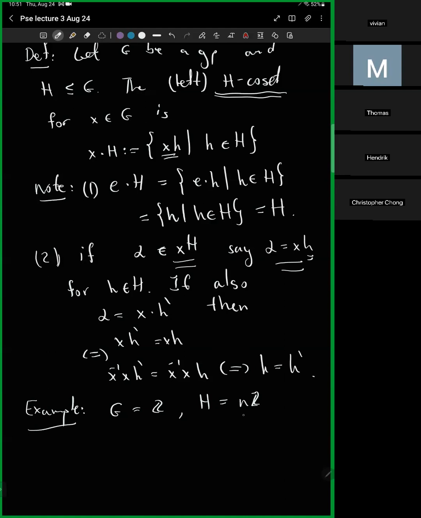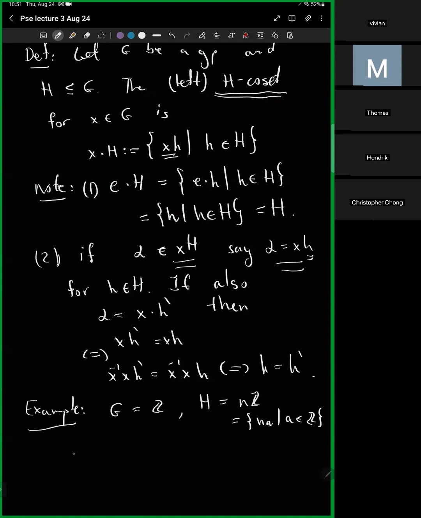This is like na such that a is in Z. And remember, the operation in Z, the integers, is plus, right?